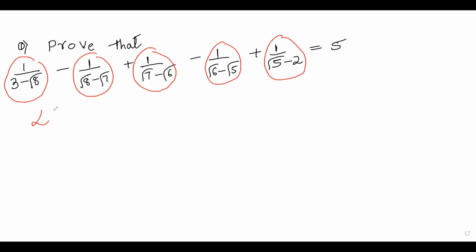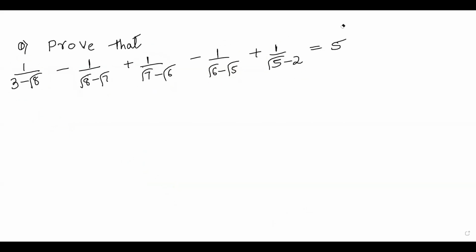We will be taking left hand side and we simplify left hand side by rationalization, and finally we try to get right hand side, which is 5. You can do rationalization separately or combined. Whole LHS will be rationalized. All the terms will be rationalized at a time. In any way you can do, separately or combined.